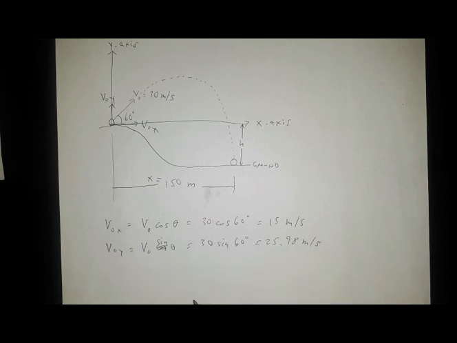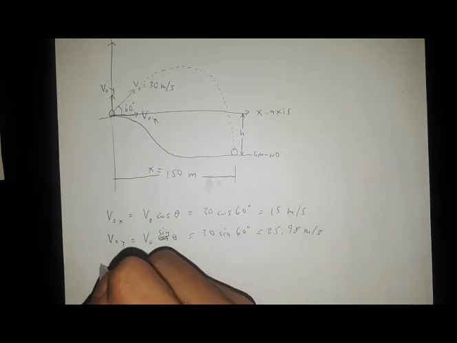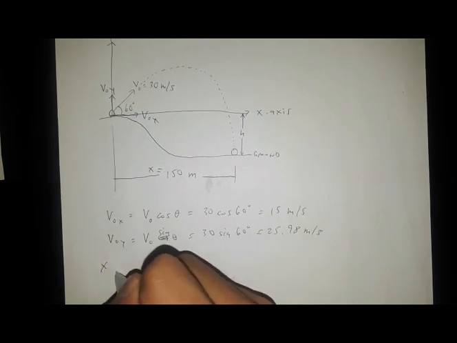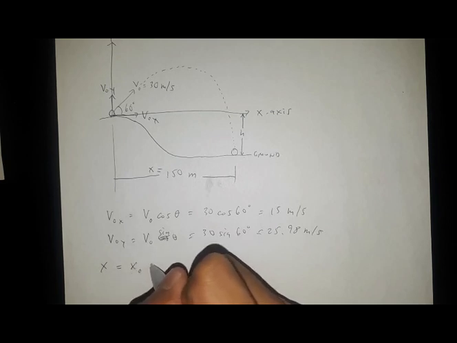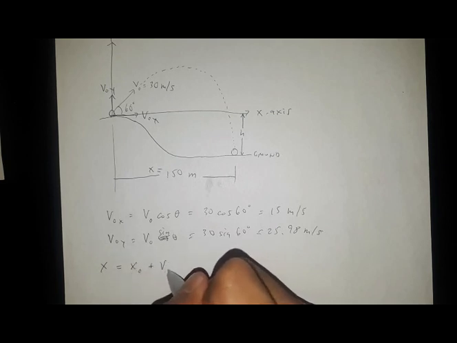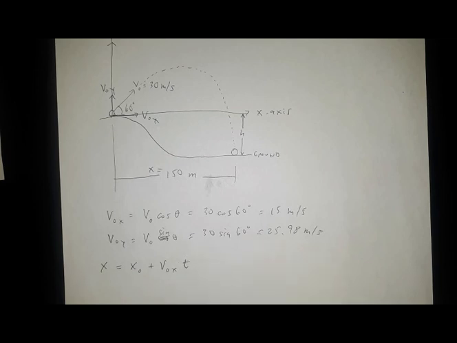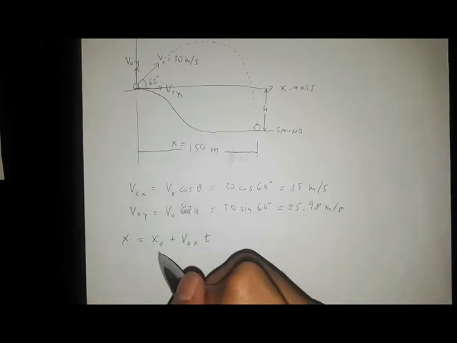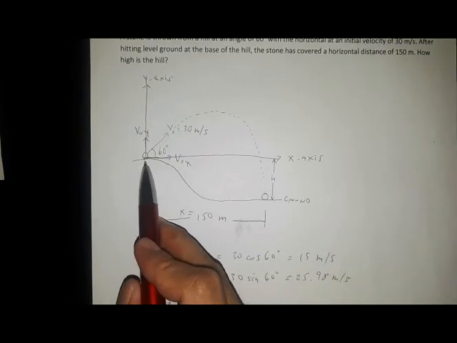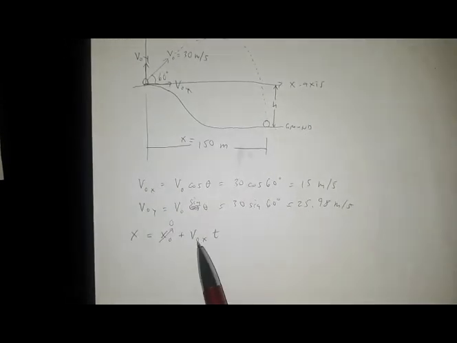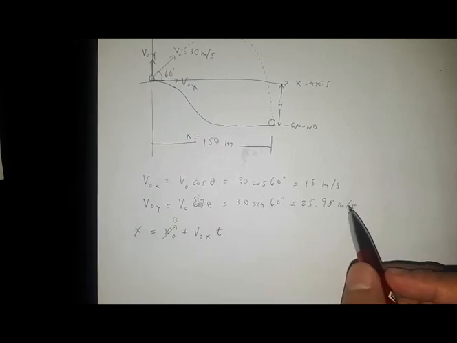Now we have x, we have Vox. So let's use the formula for x. X equals x naught plus Vox multiplied by t. So x naught, or the initial position of x, is equal to 0 with respect to the origin. Vox is 15. So we can solve for the value of time.